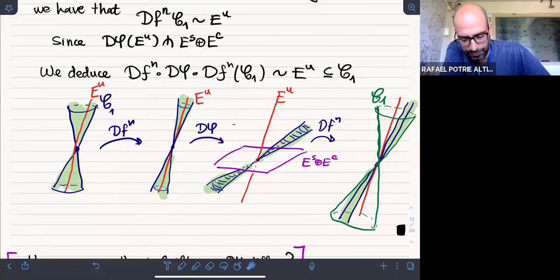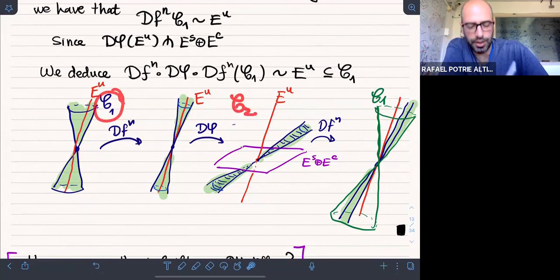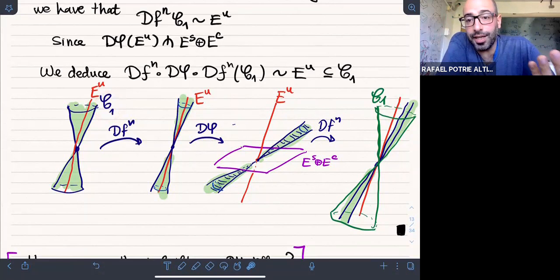But then if you are transverse to the center unstable direction and you apply df to the n many times, eventually you will be inside the initial cone field. So if you do this both for C1 and for C2, then you will automatically get the cone field criteria, and so this map will be partially hyperbolic.